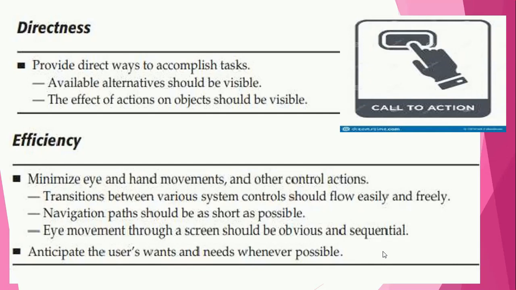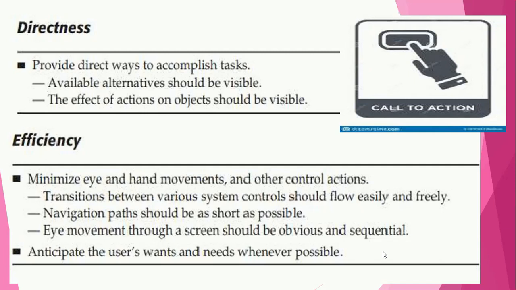Suppose you have a certain object that is clicked and it performs certain operations, and suppose you need an alternative, you can have an indirect way to approach that particular icon also. That also has to be visible to the user, and it actually reduces the user's mental workload.